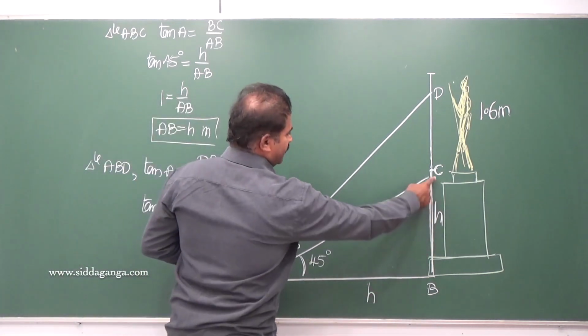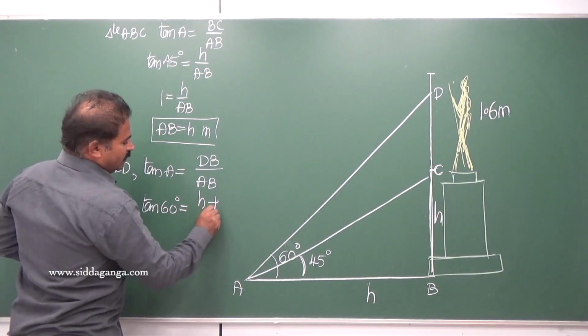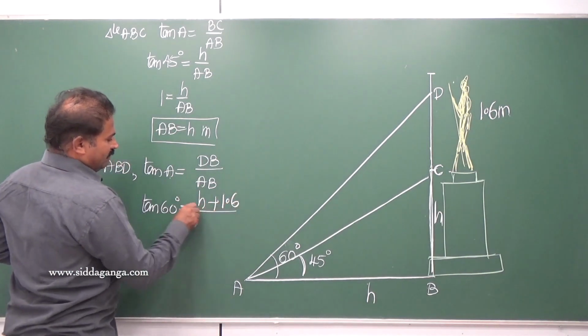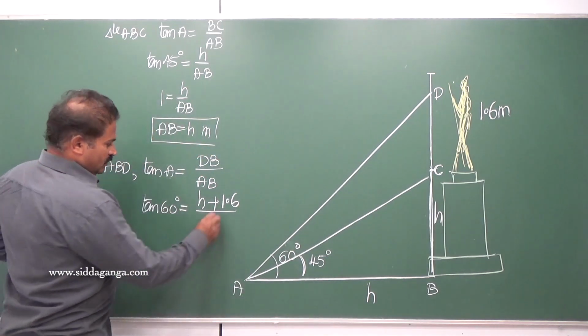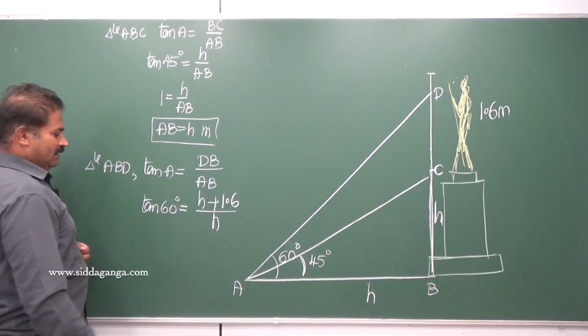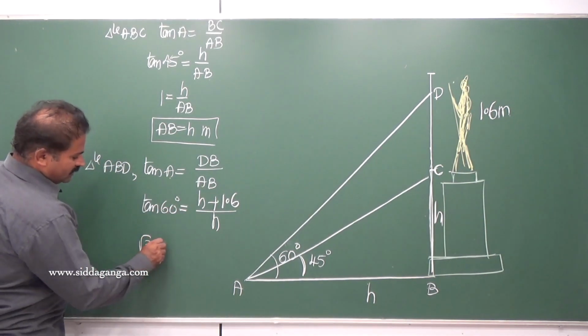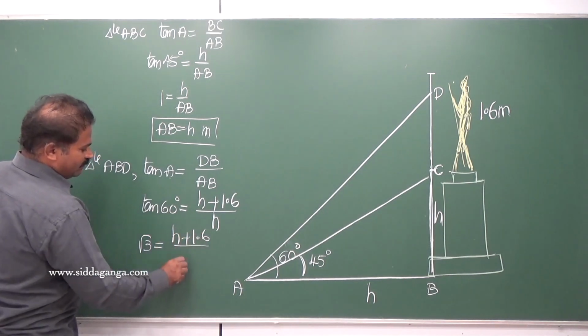DB is the height of the pedestal plus 1.6 meter. So it is h plus 1.6 divided by AB, which you have discovered as h. So now what is tan 60? Tan 60 is root 3. So you have root 3, which is equal to (h plus 1.6) divided by h.